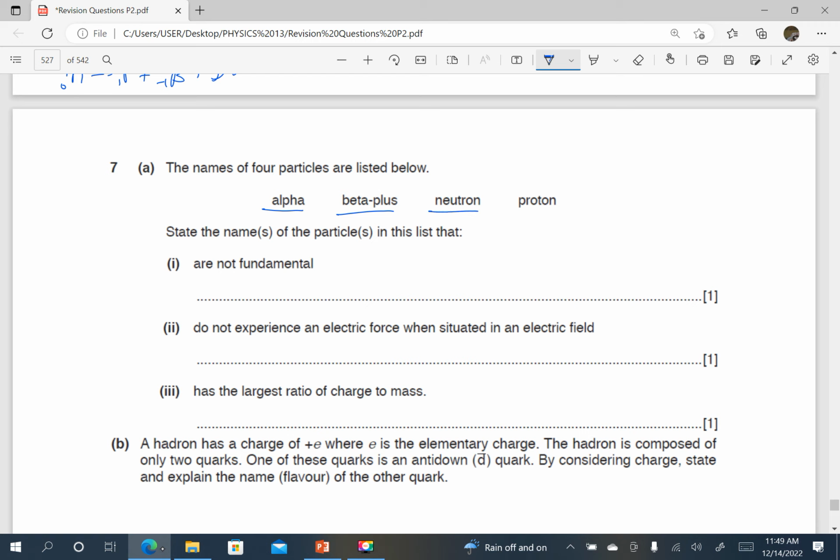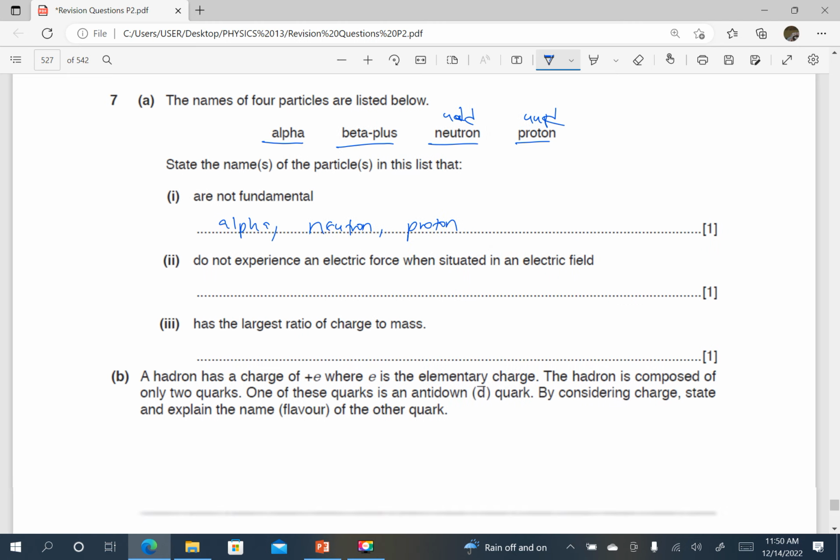A neutron is made up of up, down, down. A proton is up, up, down. It has quarks. So the particles which are not fundamental are alpha, a neutron, and a proton. It is only beta plus which is fundamental.